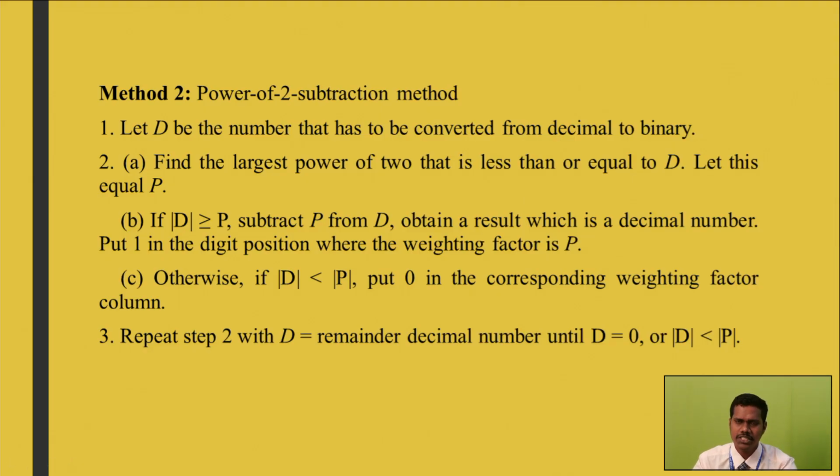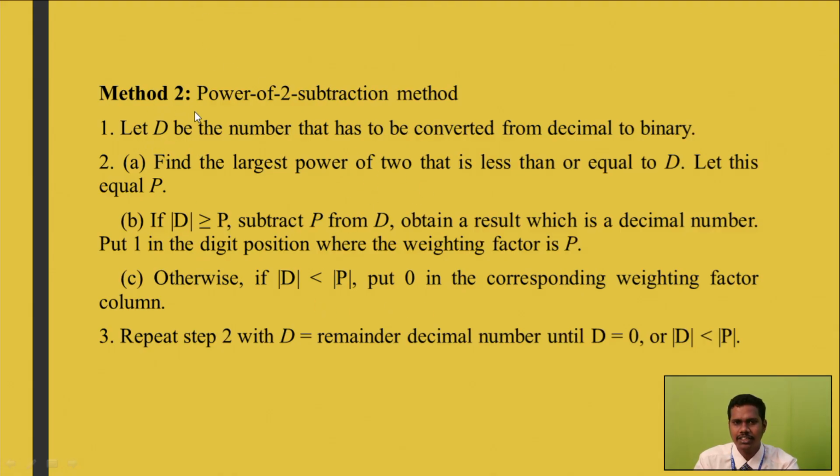Power of 2 means we are going to use the weightage numbers 2 power 0, 2 power 1, 2 power 2, and so on, and once we have seen that power, we subtract that particular number. Here we have 3 different steps.